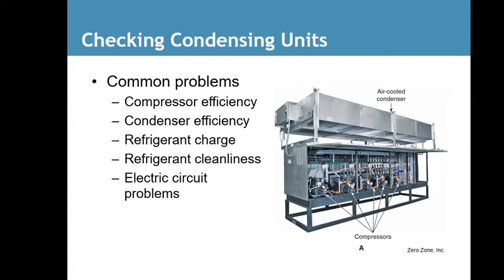Condenser efficiency, make sure the condensing coils are cleaned and that enough air is moving through them to work properly. Refrigerant charge, put your gauges on it, see if the refrigerant is charged to the manufacturer's specifications. Refrigerant cleanliness, you might want to take an acid test on the refrigerant to make sure it hasn't turned acidic. Electrical circuit problems, again, check all the components, including the electrical for a contactor, making sure they're not pitted or burned.